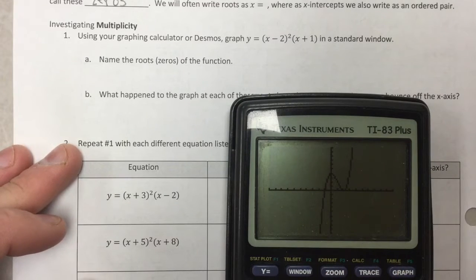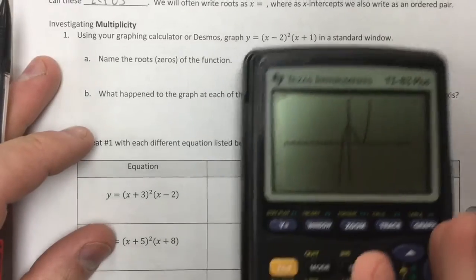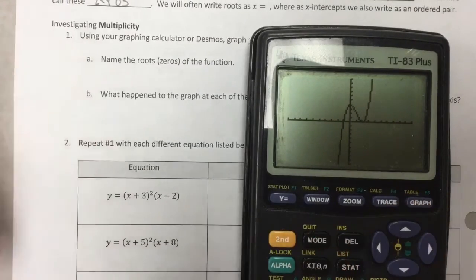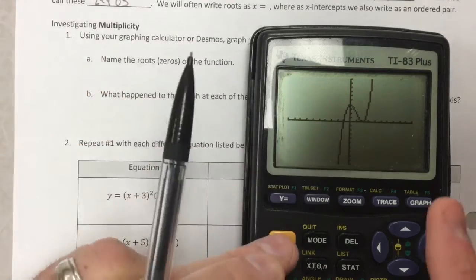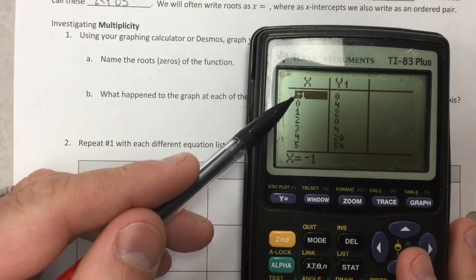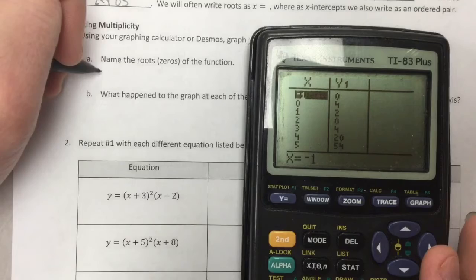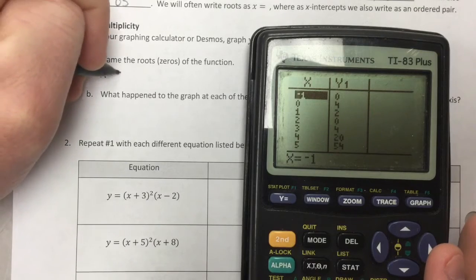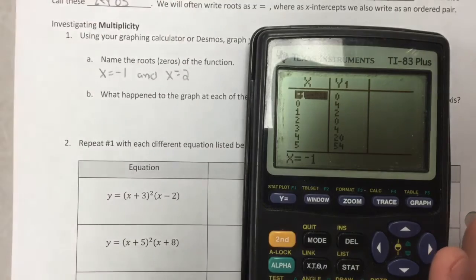And the first thing it says is name the roots or the zeros for the function. So if we look here, it looks like it's crossing through at -1 and at 2. And if we look at our table, we can clearly see that that is the case. -1, 0, 2, 0. So again, since we're just calling them roots, we can just say x equals -1 and x equals 2.